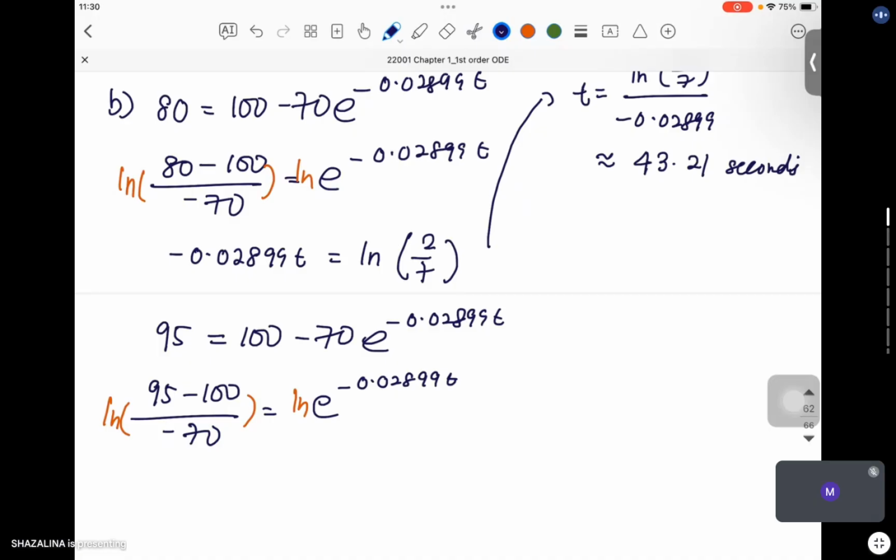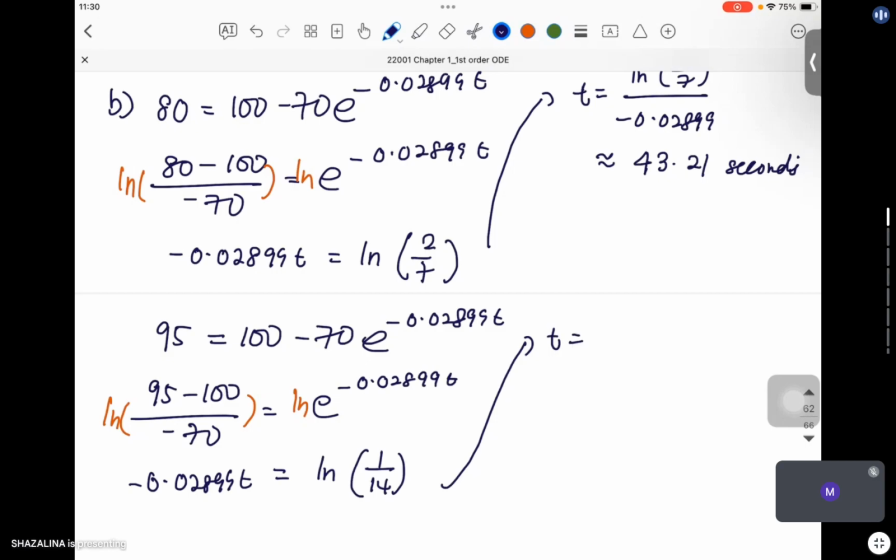We have negative 0.02899 t equals ln 1/14.